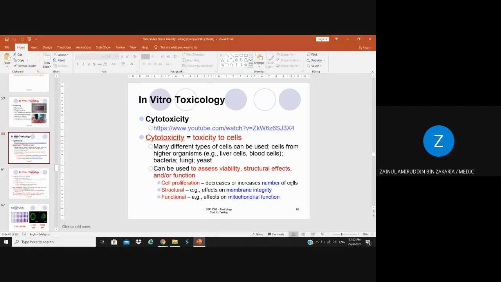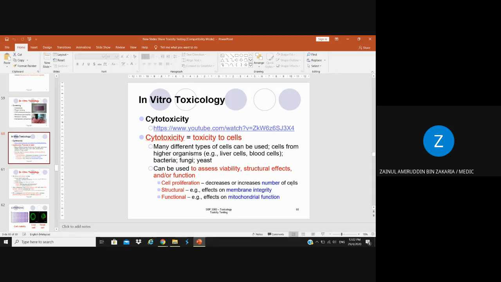Okay, and then to study the structure of the cell, for example, membrane integrity, whether there will be loss of membrane integrity, for example the mitochondrial membrane inside the cell, okay?